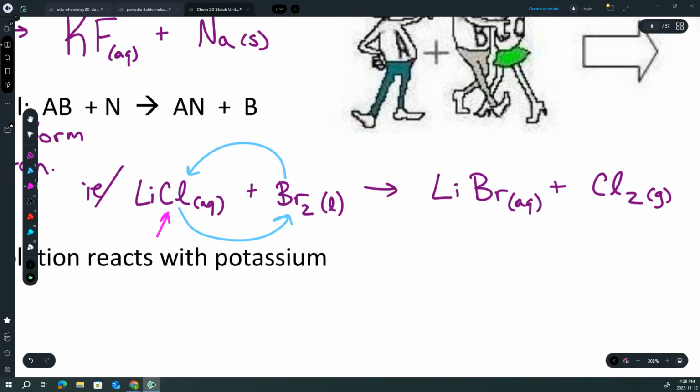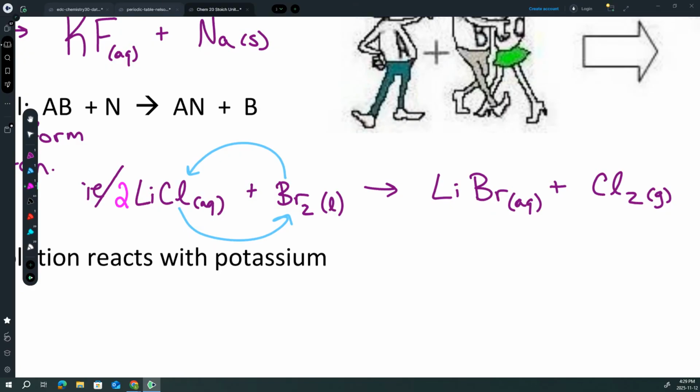But with chlorines, I have 1 coming in, 2 coming out. So I need to put a 2 coefficient here. I do not use subscripts to balance chemical equations. You only use coefficients to balance chemical equations. Subscripts are only to balance compounds. Coefficients are to balance entire equations.